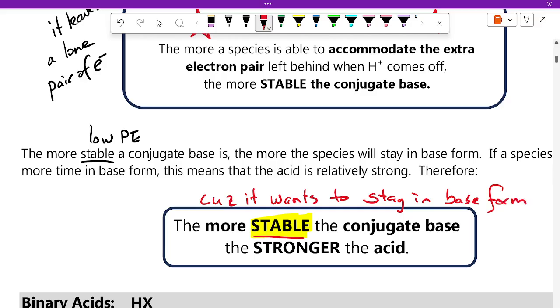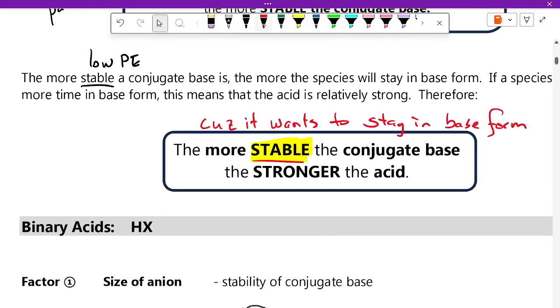Okay, so let's talk first about binary acids, which are just H and a single element. Those would be your HF, HCl, HI. Factor number one: the size of the ion has to do with the stability of the conjugate base.